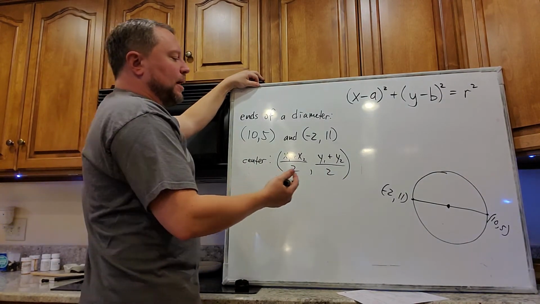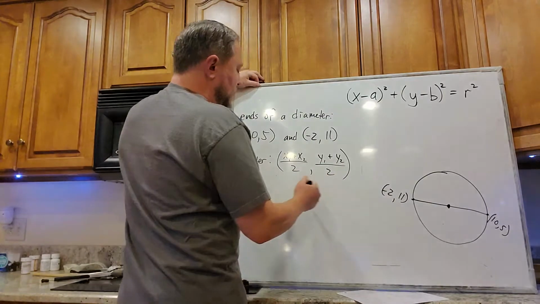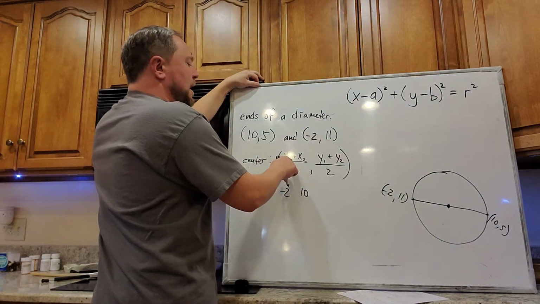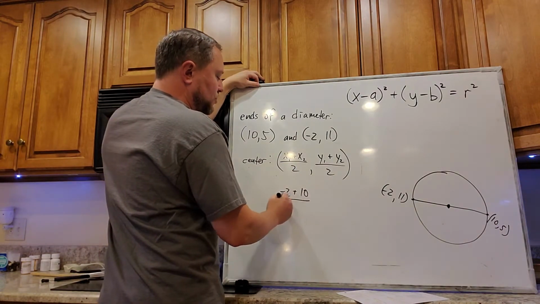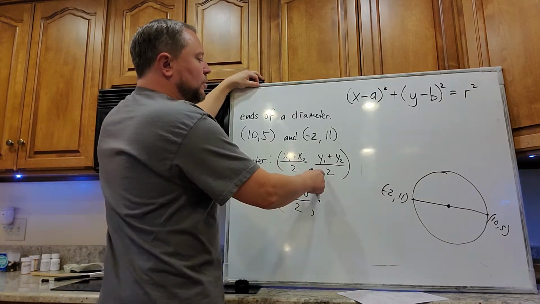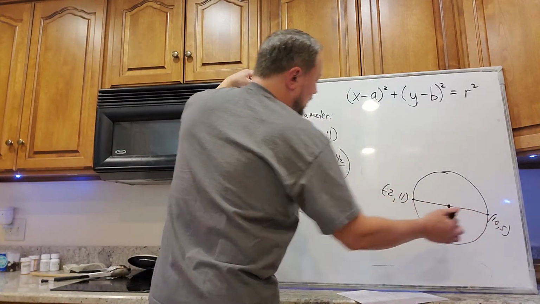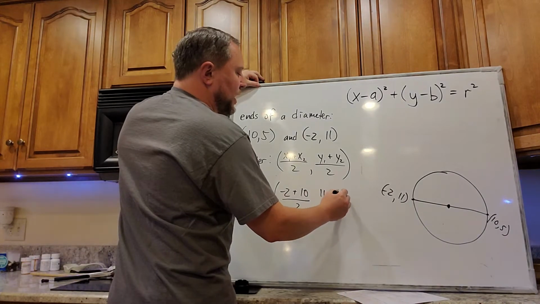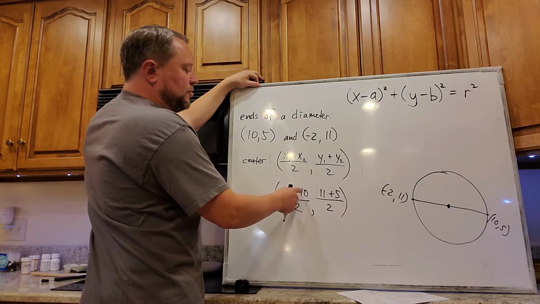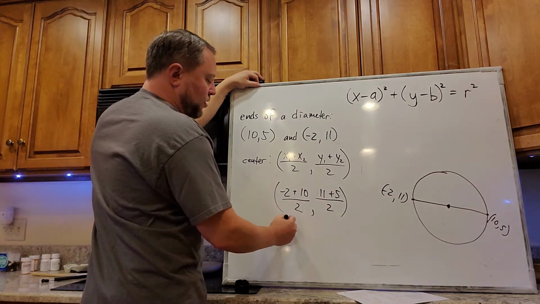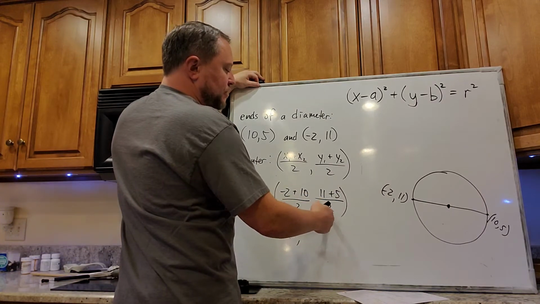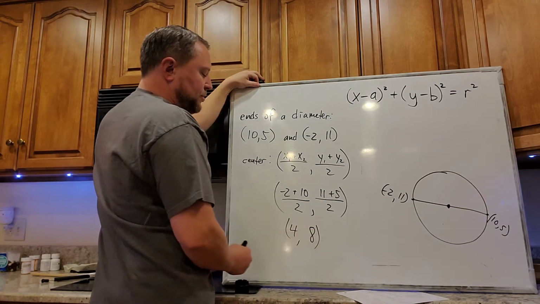Let's go ahead and do that. -2 is one of my x values, 10 is the other one. We add them and divide by 2, and that'll be our new x value. We do the same with the y's: the 11 and the 5, add them and divide by 2. 10 plus -2 is 8, 8 divided by 2 is 4. 11 plus 5 is 16, divided by 2 is 8.